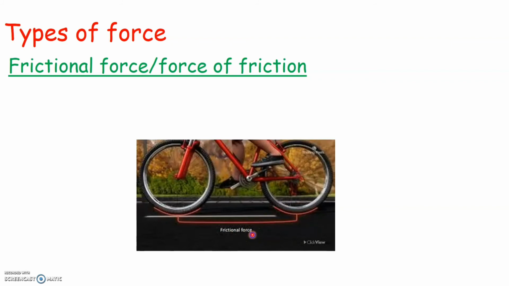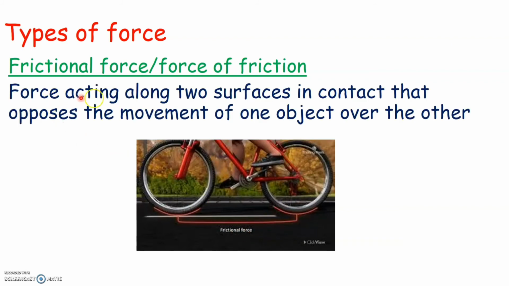So frictional force is the force acting along two surfaces in contact that opposes the movement of one object over the other. So here, because of this frictional force, this force will try to stop the movement of this bicycle.